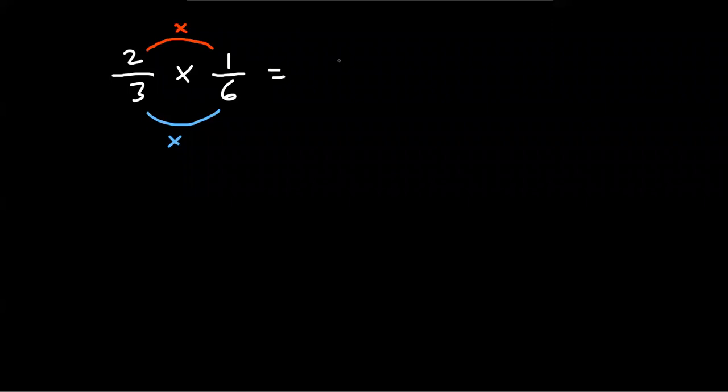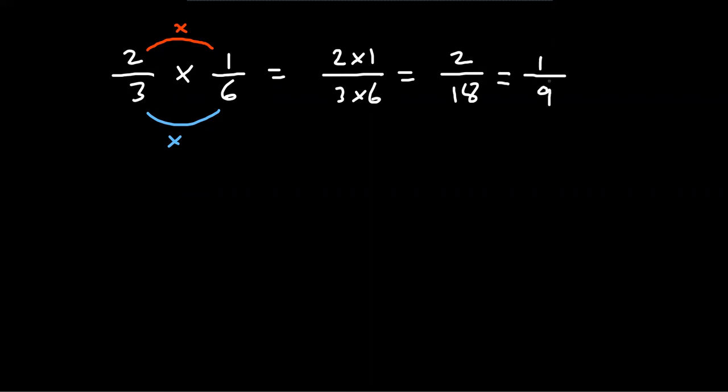So that would become 2 times 1 over 3 times 6, which is 2 over 18. And then you simply check if this can be simplified. So that can be simplified to give 1 over 9.